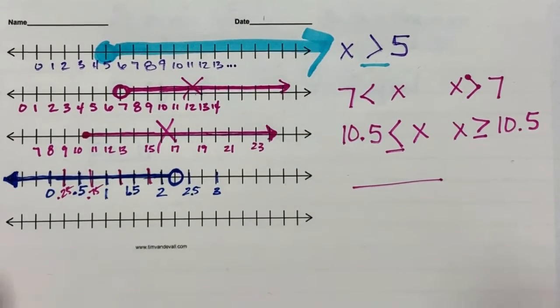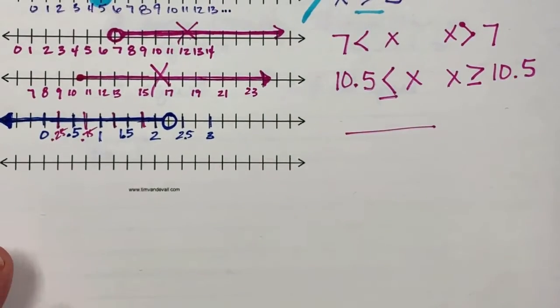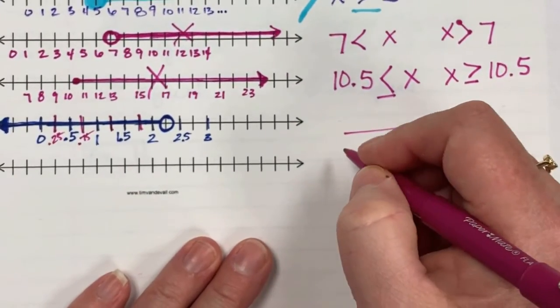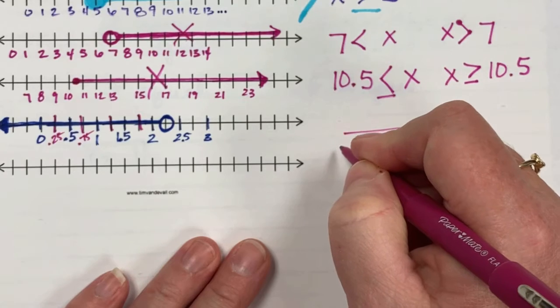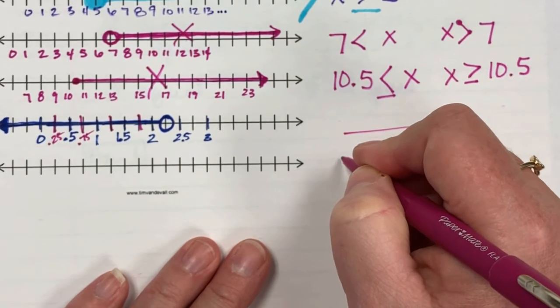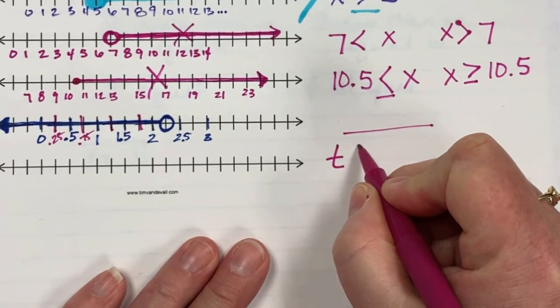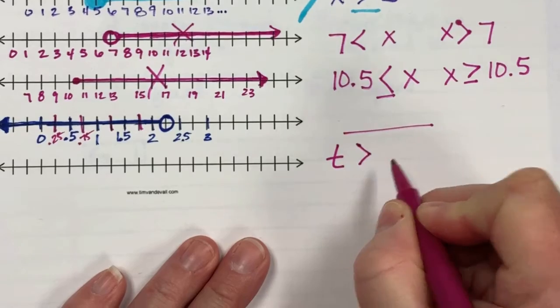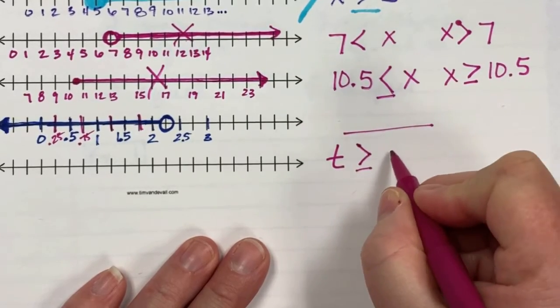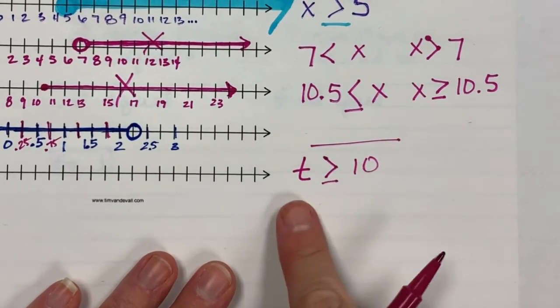The only other thing you would need to be able to do for the quiz later this week and for your assignments is, if I gave you T is greater than or equal to 10, you need to tell me some possible solutions.